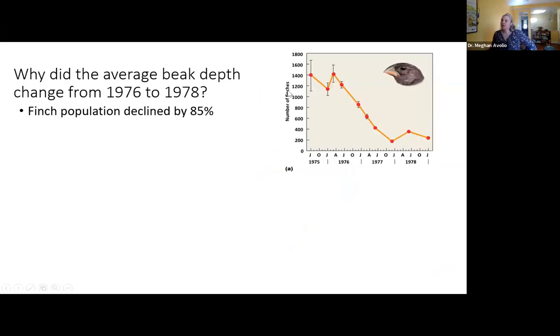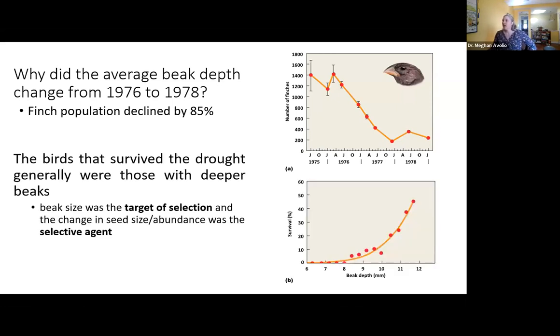And what occurred during this drought is that the finch population went from having over 1,400 finches, plummeting to having around 200 finches. So this was a very strong selective event, and there was a drastic reduction in the population size. And of the birds that survived, only birds that had the larger beaks survived.